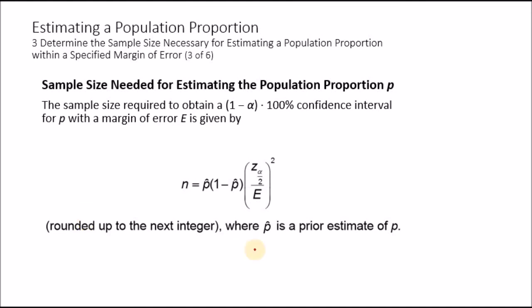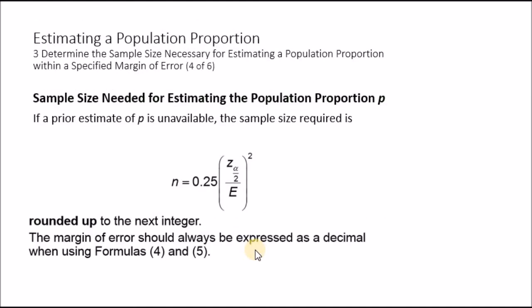So this is the formula to determine the sample size needed for estimating the population proportion P, and notice that p hat is a prior estimate for P, or we're going to use p hat equal to 0.5. If a prior estimate of P is unavailable, the sample size required is 0.25, which is 0.5 times 0.5.